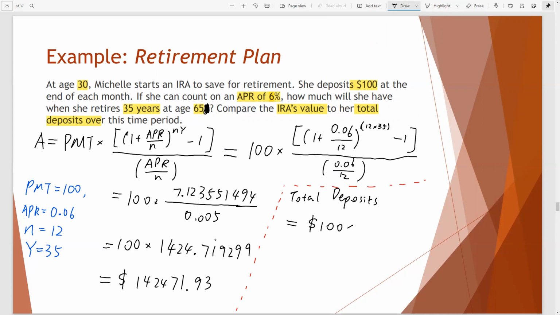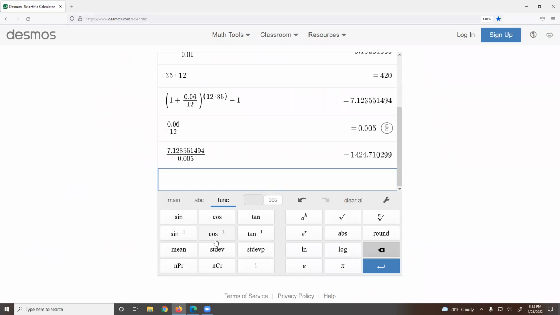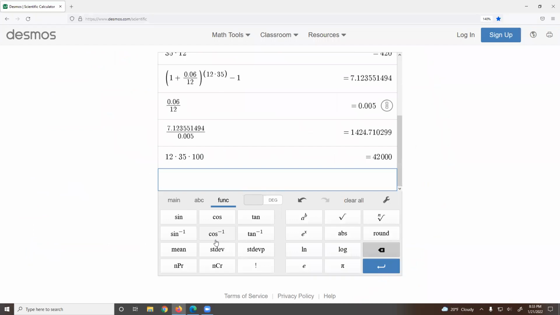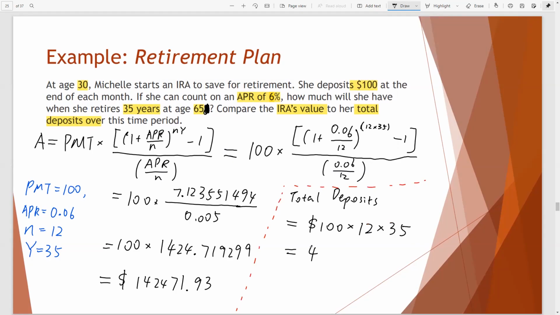That's no formula, right? Intuitively, that's a fixed amount of deposit every month. You have 12 months every year, and that's 35 years. Oh, we have found $42,000.